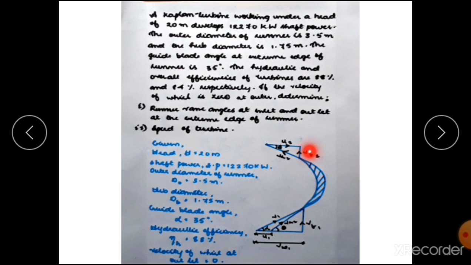In the outlet triangle, phi is the runner vane angle at the outlet, Vf2 is the velocity of flow at the outlet, U2 is the peripheral velocity at the outlet, and Vr2 is the relative velocity at the outlet. Here Vw2, the velocity of whirl at the outlet, is 0, which is given in the question.